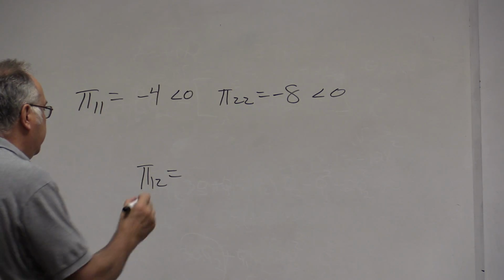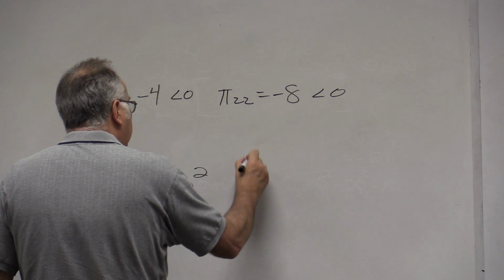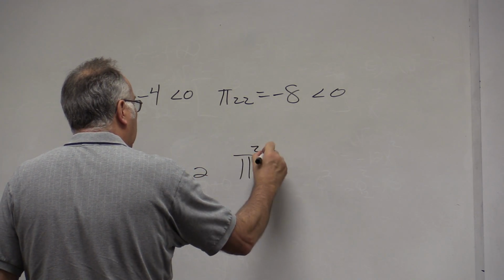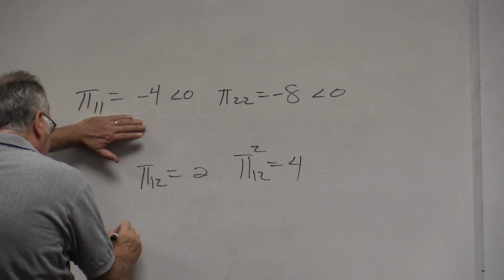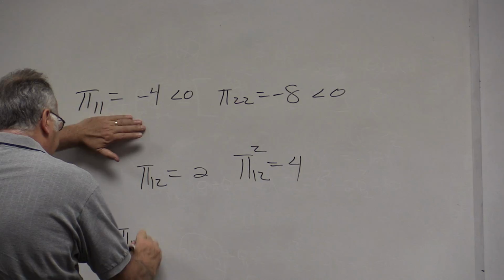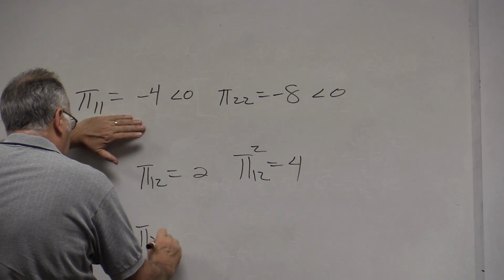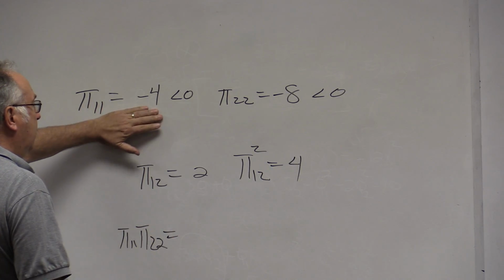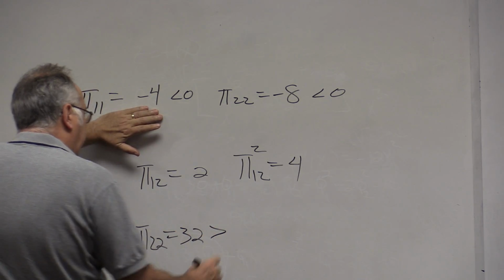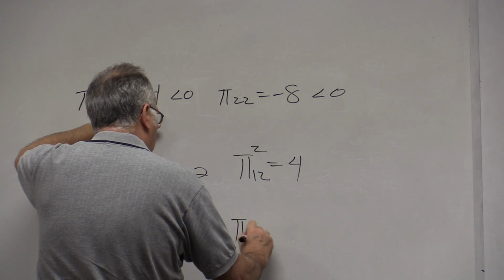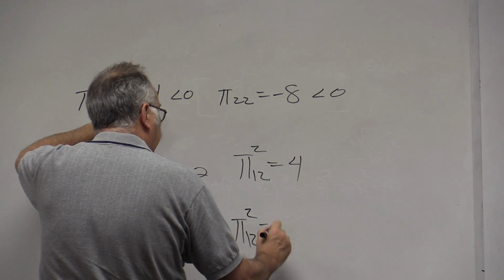Pi 1, 2 would be what? 2. Okay. So pi 1, 2 squared is 4. But if you take, as you said, Jacob, pi 1, 1 times pi 2, 2, that is equal to 32. And that is greater than pi 1, 2 squared, which is 16.